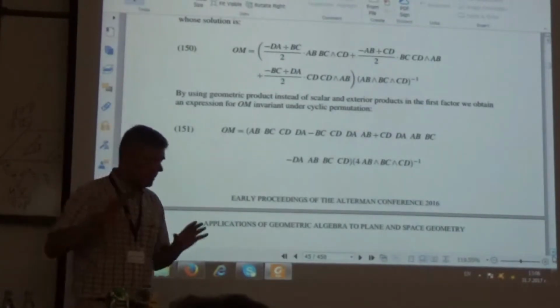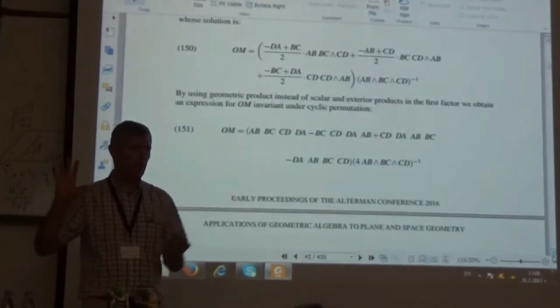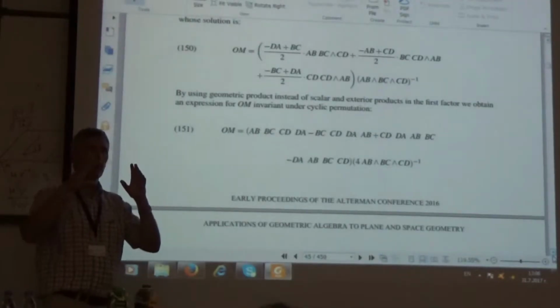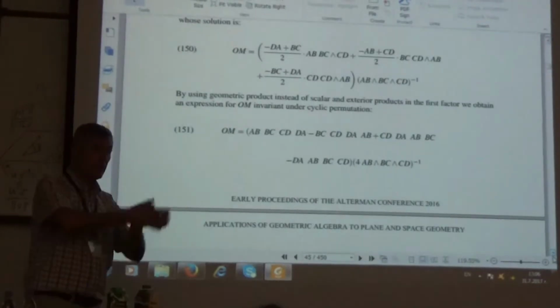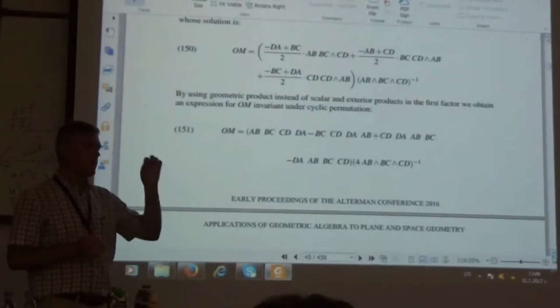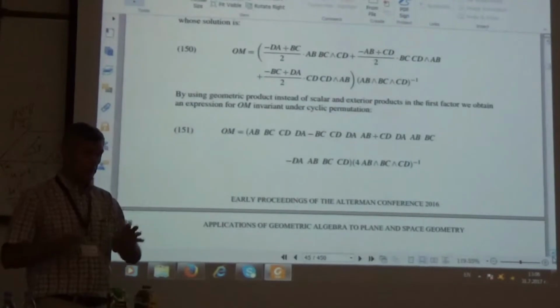Okay? The signature is plus, which means Pythagorean theorem. If we take the metric tensor and we do normalization of the metric tensor, this will give us plus. Okay? Numbers, different numbers.